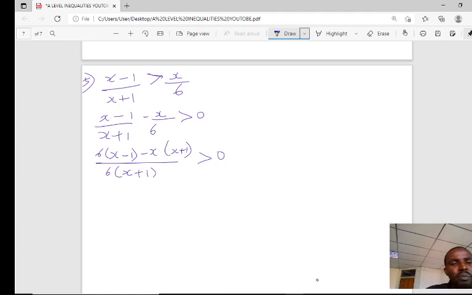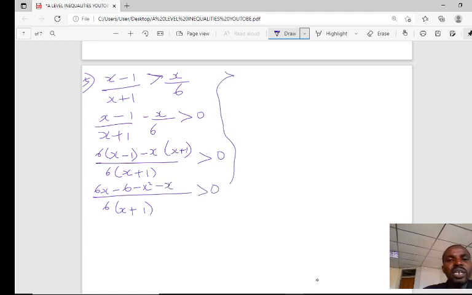Right. Remove the brackets on the numerator. Maintain the denominator. It will be 6x, 6 times minus 1, minus 6. Then minus x times x, it will be minus x squared. Then this one, it will be minus x. Then greater than 0.